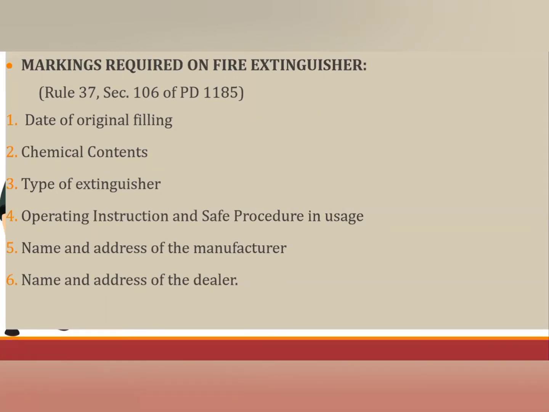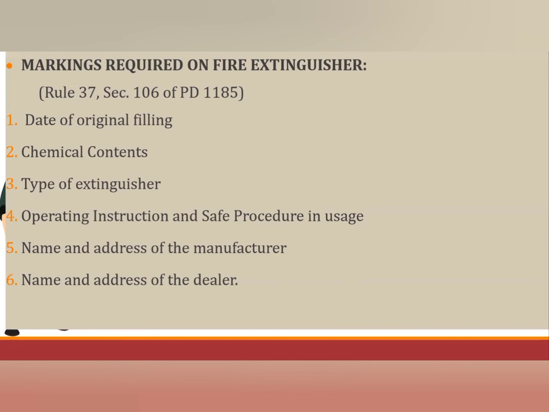So what are those things that we have to remember when buying a fire extinguisher, or what are those things that we may consider when we purchase a fire extinguisher? It says there markings required on fire extinguishers.